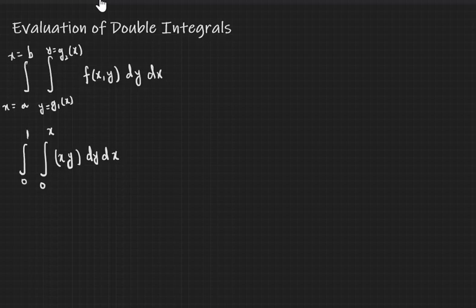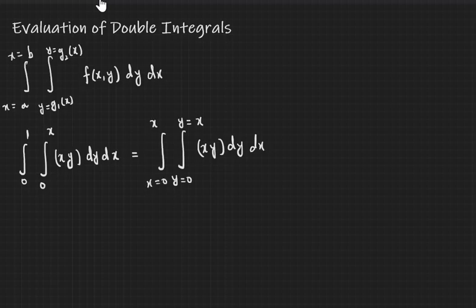Now here you can see that since we are integrating with respect to y, these values should be the limits of y. So we can simplify this as the integration of xy with respect to y from y is equal to 0 to y is equal to x, and then with respect to x from x is equal to 0 to x is equal to 1.